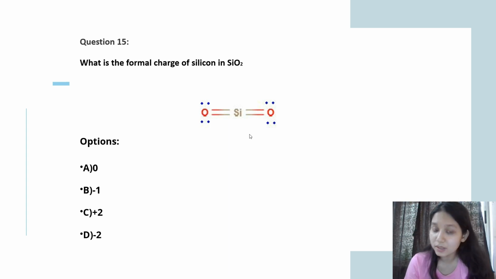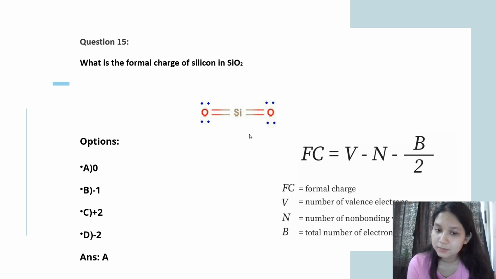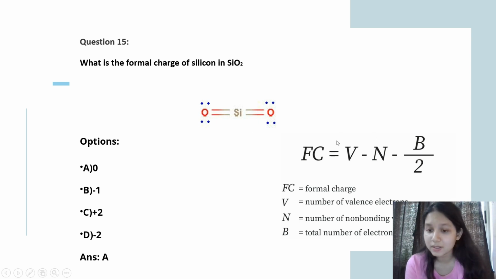Can anybody recall how we calculate formal charge? So the formal charge calculation is given here. It is the number of valence electrons present in the central atom of the molecule, minus the number of lone pair electrons, not lone pairs, okay?